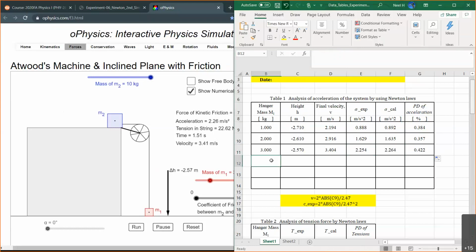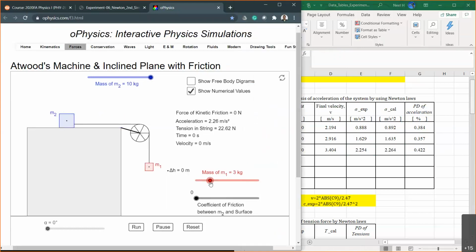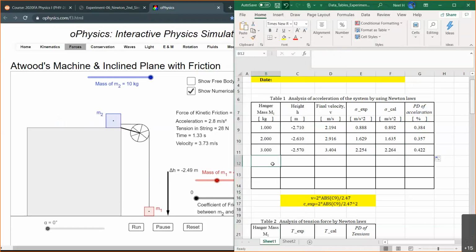And that's it. Then you just continue, reset every time, change the mass to the next value, 4 kilogram, rerun, and then extract the values. 4 kilogram, negative 2.49, and then equal sign 2 times ABS parentheses C12 divide by time 1.33.